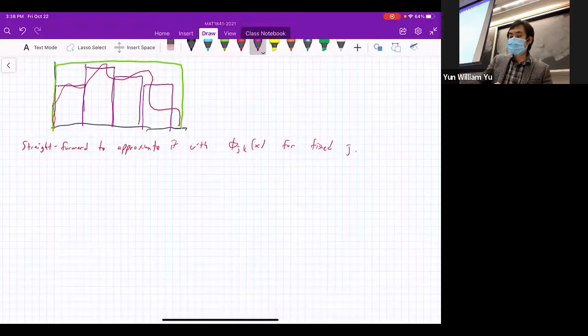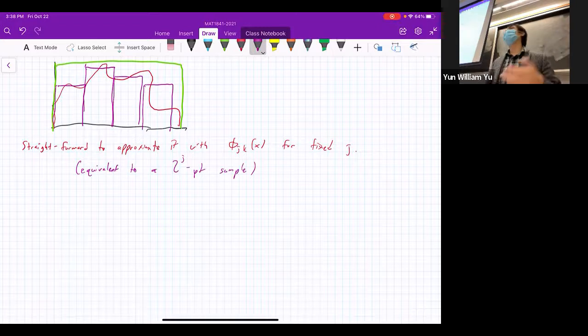And this is equivalent to a 2 to the j point sample, evenly spaced. Now if we were thinking about this in a more applied setting, oftentimes you don't actually have the entire function. What you have is some sensor that is taking snapshots every, like, 10 milliseconds or something.